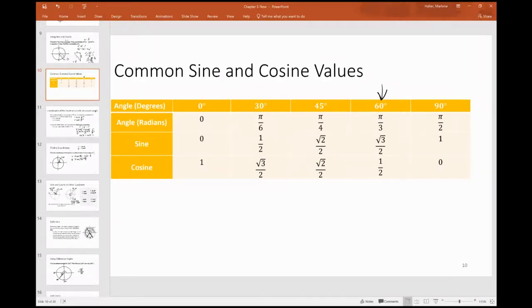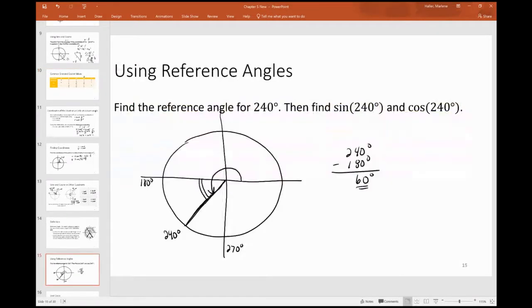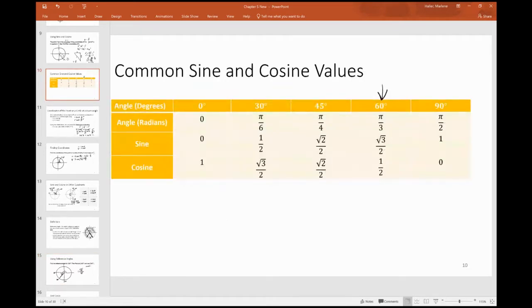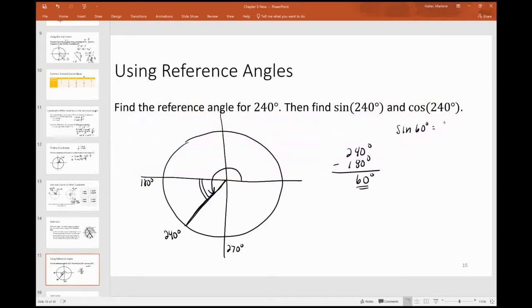Sine is square root 3 over 2, cosine is 1/2. So let's just write those. The sine of 60 degrees is square root 3 over 2. The cosine of 60 degrees is 1/2.